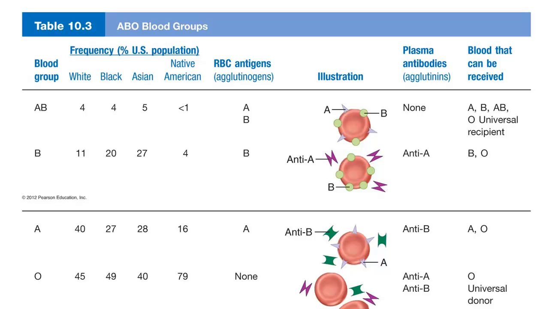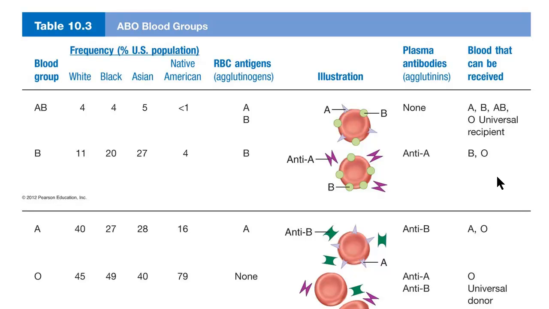Then if you look at a person with type O blood, that means they don't have A antigen or B antigen on their red blood cells. These red blood cells are completely clear of the A and B antigen. So there are no antigens on the red blood cells of an O blood type. Therefore, they will form antibodies against both A and B because it's not considered self.